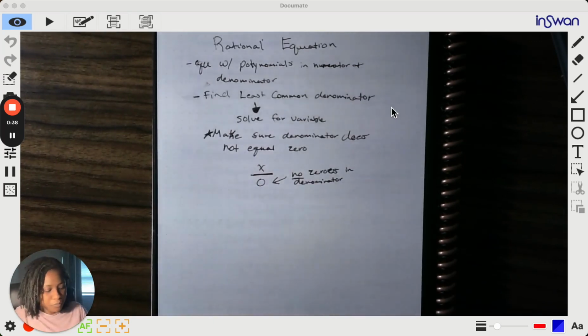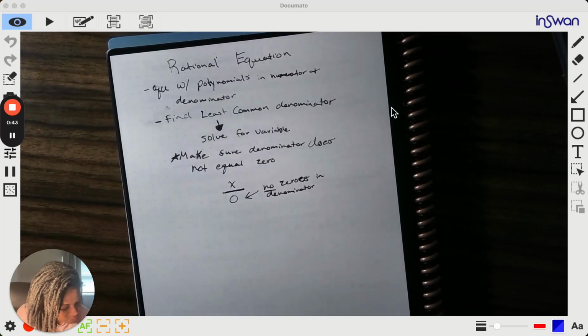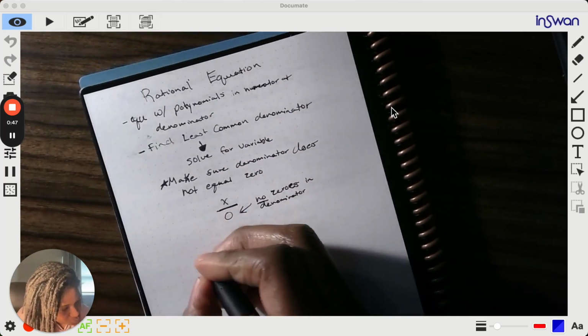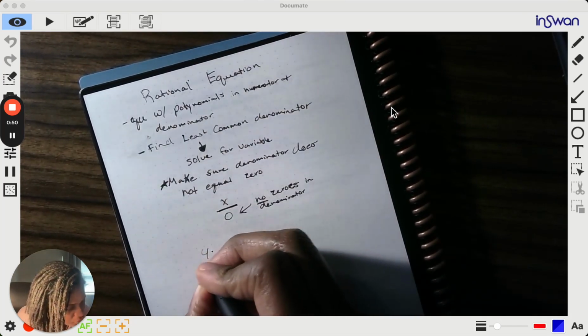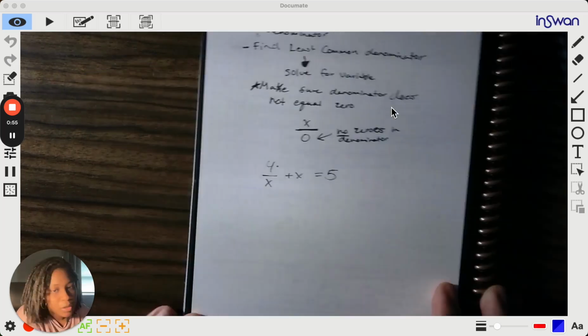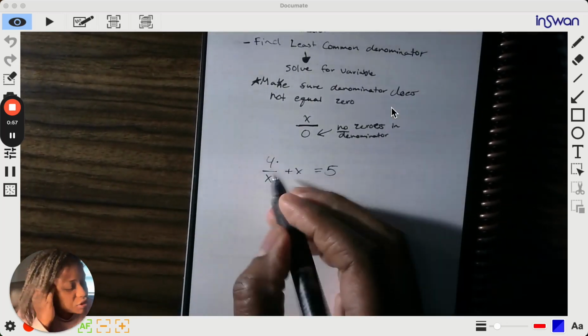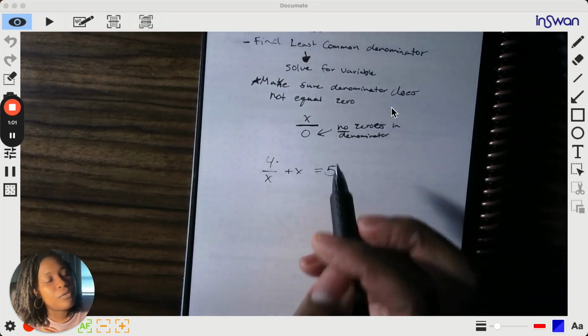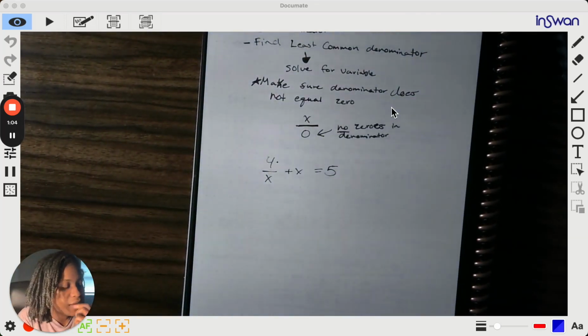So first one, let me pull up an example problem. Let's do these. We have 4 over x plus x equals 5. So I have a fraction and I have a polynomial up here and I have a polynomial here. Polynomial, of course, can be any degree of x.